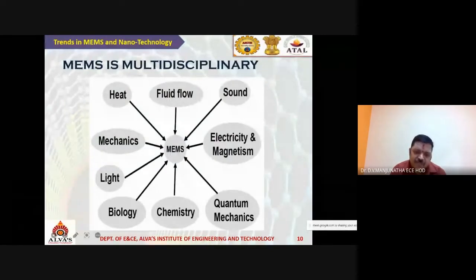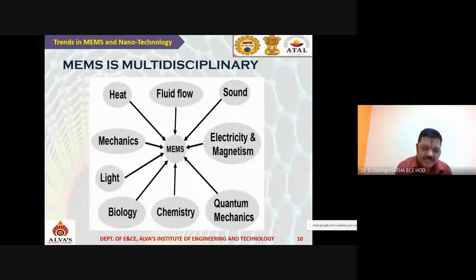It also comes in electronics. So MEMS is a multidisciplinary technology. Today, multidisciplinary technologies are grabbing the entire market, because if one discipline wants to move, it has to take the help of others. The reason MEMS has increased its potential is that MEMS is multidisciplinary, right?